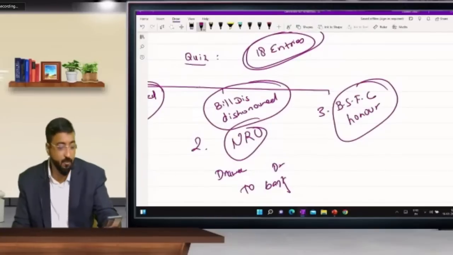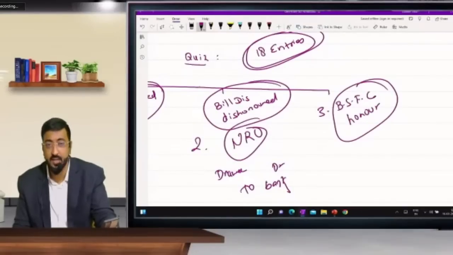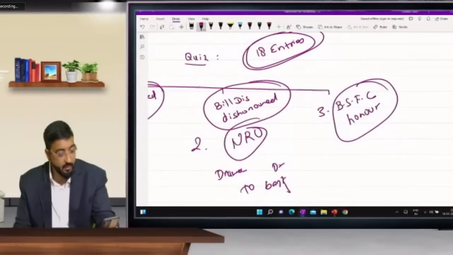Bill sent for collection honor. Let's see who is answering fast. Bill sent for collection honor. Come on, answer quickly. Third one, and who answers very fast?